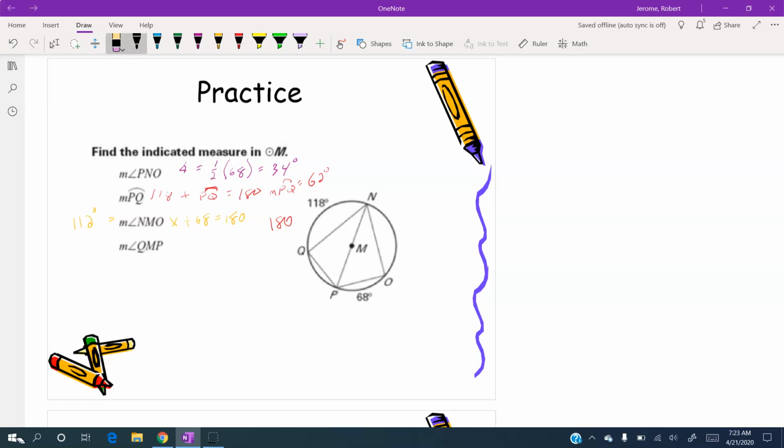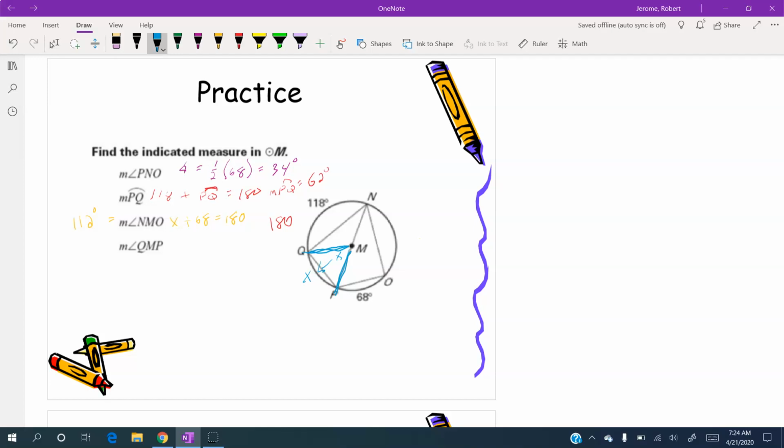And let's take a look at our last one here. Angle QMP. So if, again, we have QM, we have to draw that if it wasn't in there already. P. So we're looking for this angle, which is the same as this arc. So arc QP or arc PQ.